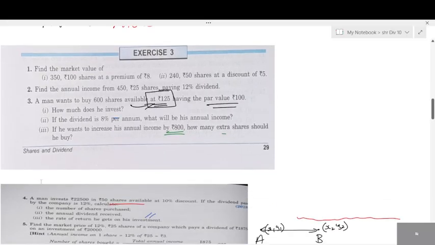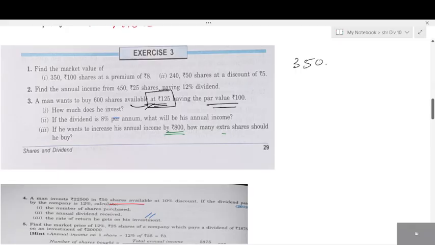First question. Look at this. Find the market value of 350 shares.